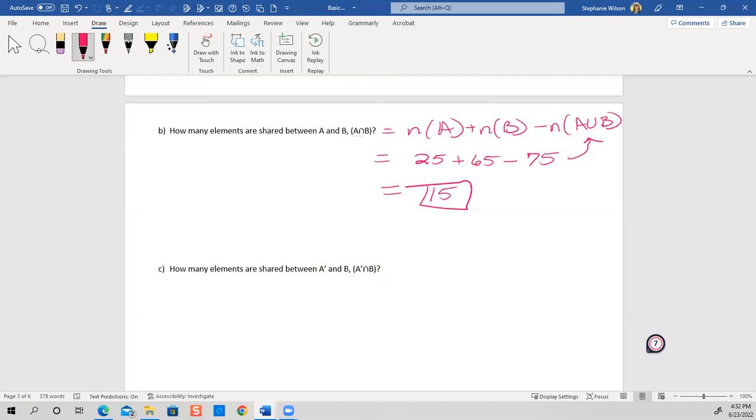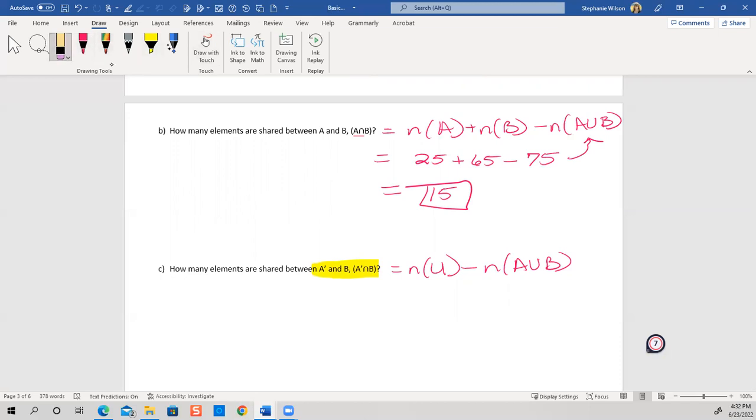C says, how many elements are shared between A prime and B? So that means A is not included in this one. Oops, hang on, backtrack.